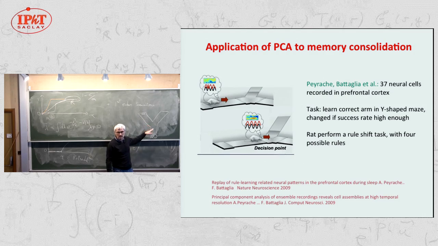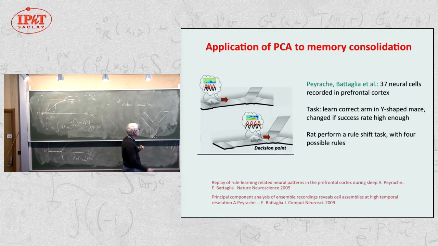What you can measure is the success rate of the rat. Among the T trials, what is the fraction of trials where the rat went left? When this success rate becomes high, let's say about, I don't remember precisely in the paper, I think 85 or 90%, the people doing the experiment change the rule.